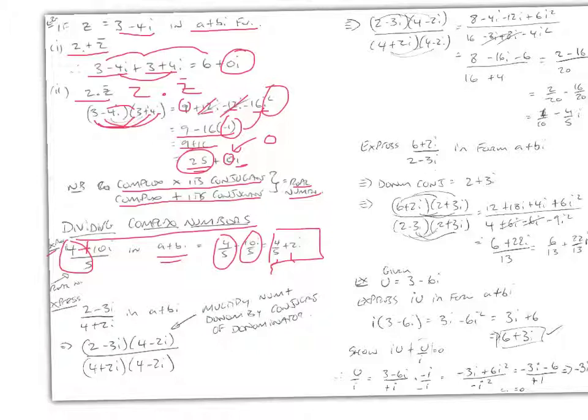So we can see that dividing a complex number by a real number can still result in a real part and an imaginary part.